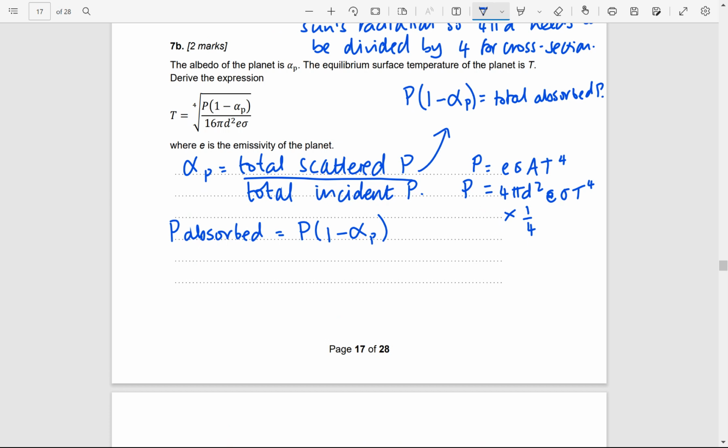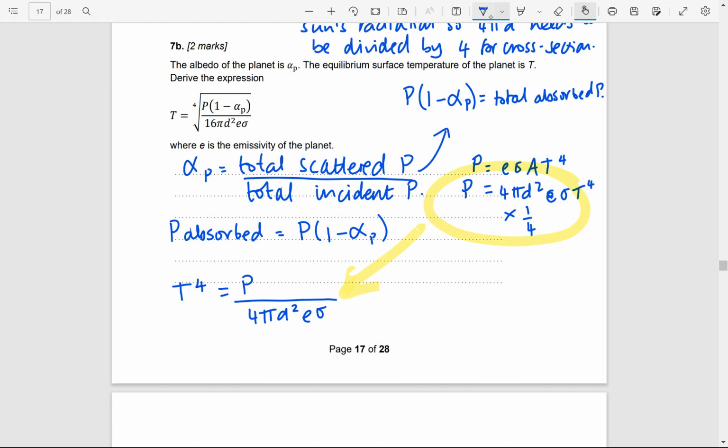So I'm going to rearrange for T to the fourth. Just pause a second so that you can see where this has gone.